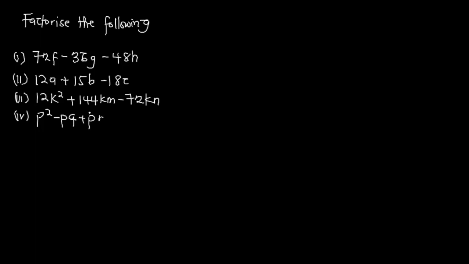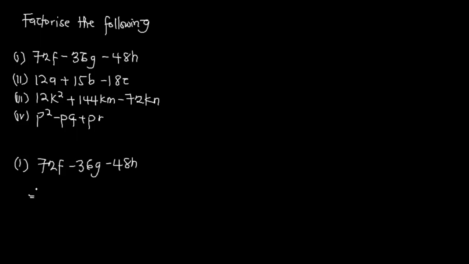Okay, so we have to factorize the following expressions. So this is very easy. Let's go ahead and look at the solution that we have. So we have 72f minus 36g minus 48h.